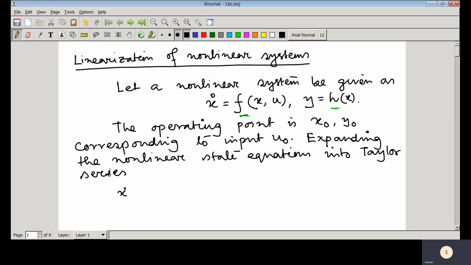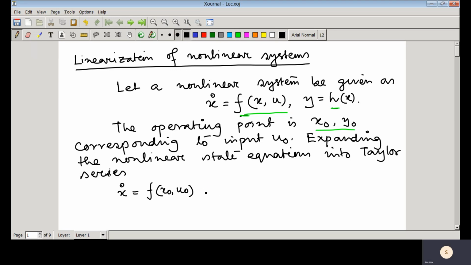The system equation, x dot equal to f(x0,u0), so with respect to this operating point we are expanding it. The first term is the function of x0, u0.